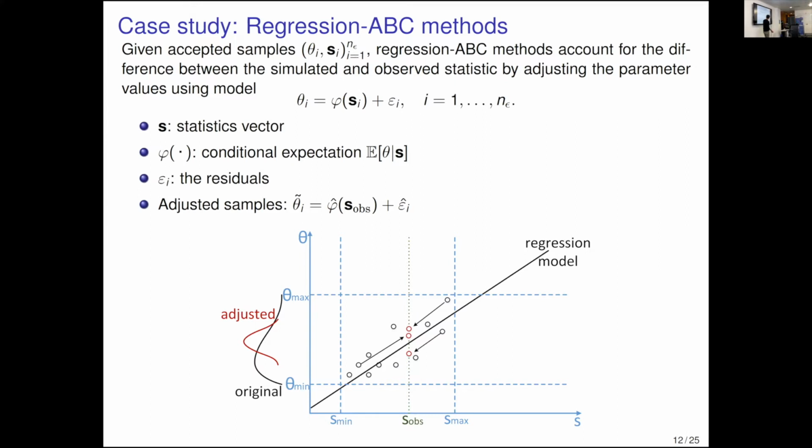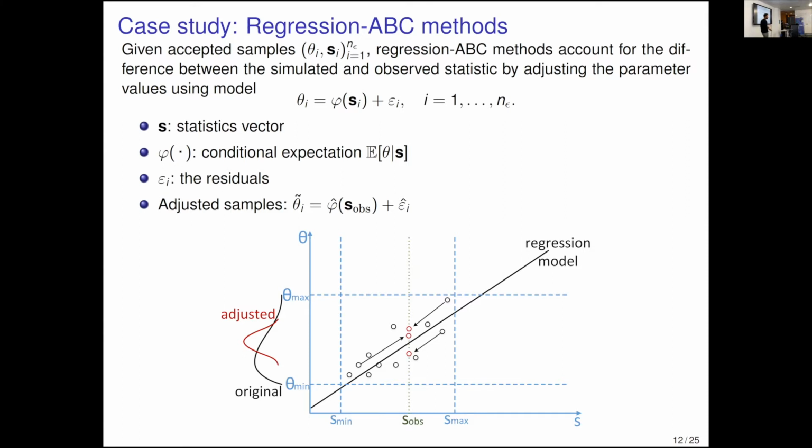Now you fit a model to this, and then you condition on the observed statistic that you got, okay, which basically moves these points onto the S_obs vertical line. And so you go from something which is slightly more broad posterior to something more concentrated because of this adjustment. It's called regression adjustment ABC, which is all well and good.